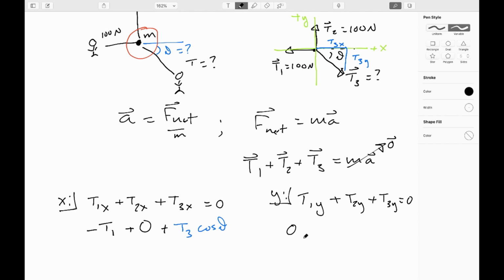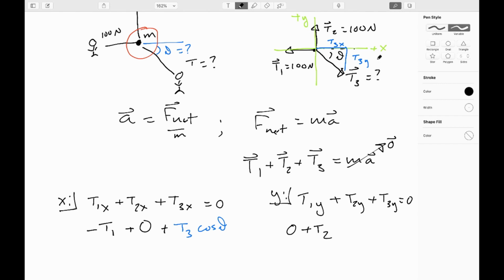So that would be 0. T2 lies entirely along the y-axis, and so all we have to do is worry about direction. It's pointing up, so we just say plus T2, because the whole thing is along the y-axis, and again the plus sign is because it's pointing up.